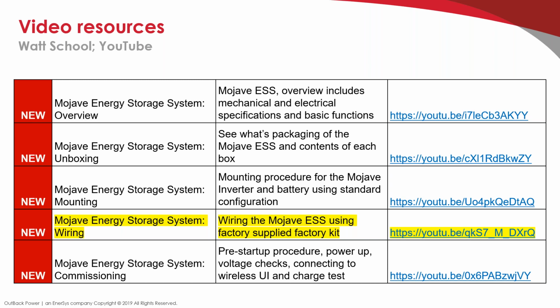But it is way simpler, because we moved away from having bus bars and all those additional components. All you've got to do is come straight into the breakers. And all the DC wiring, again, is all part of the kit that comes with the factory system. So very easy to install.